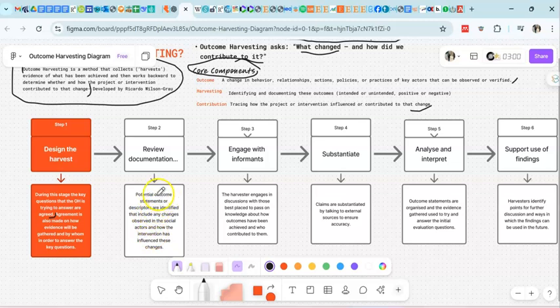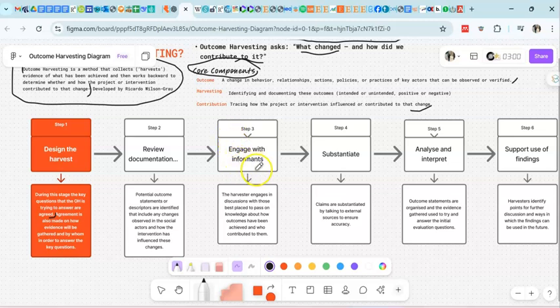Key terms here: potential outcome statements or descriptors that include any change observed in the social actors, which can be different social actors, and how the interventions have influenced those changes. You can pause and reflect on this.